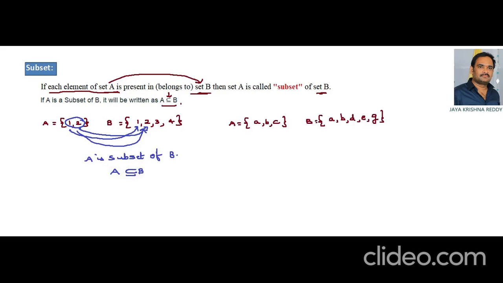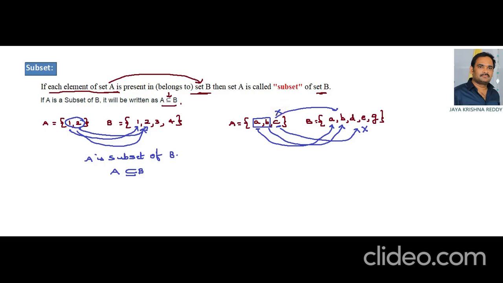One more example. Here two sets are there. Set A having elements a, b, c, and set B having elements a, b, d, e, g. Now let us check whether all the elements of set A belong to set B or not. See, the first element a is present in set B, and the second element b is also present in set B, but the third element c is not present in set B. C does not belong to set B. That means only the two elements a and b belong to set B, but the element c does not.